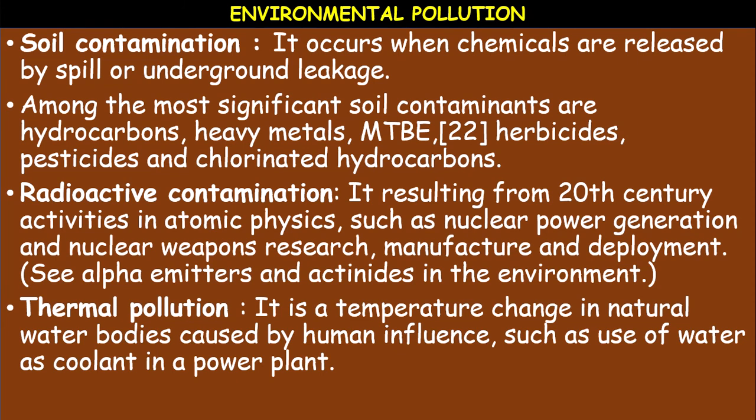Then thermal pollution, it is also silent pollution. It is a temperature change in natural water bodies caused by human influence, such as use of water as a coolant in power plants. From the industries, power plants, the water is used as a coolant, and that hot water is released into the water streams nearby, maybe the ponds, lakes, or rivers.